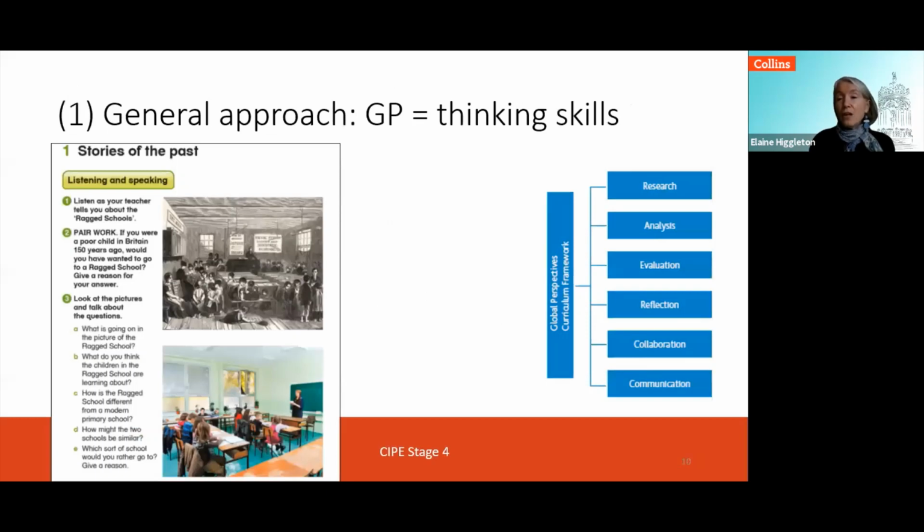So if we think, first of all, about the skills that we are naturally going to encounter through activities in English, both versions, maths and science, let's think first of all about some of the thinking skills. Now, this is an example from Collins International Primary English, which is our mother tongue, our L1 course for international schools.